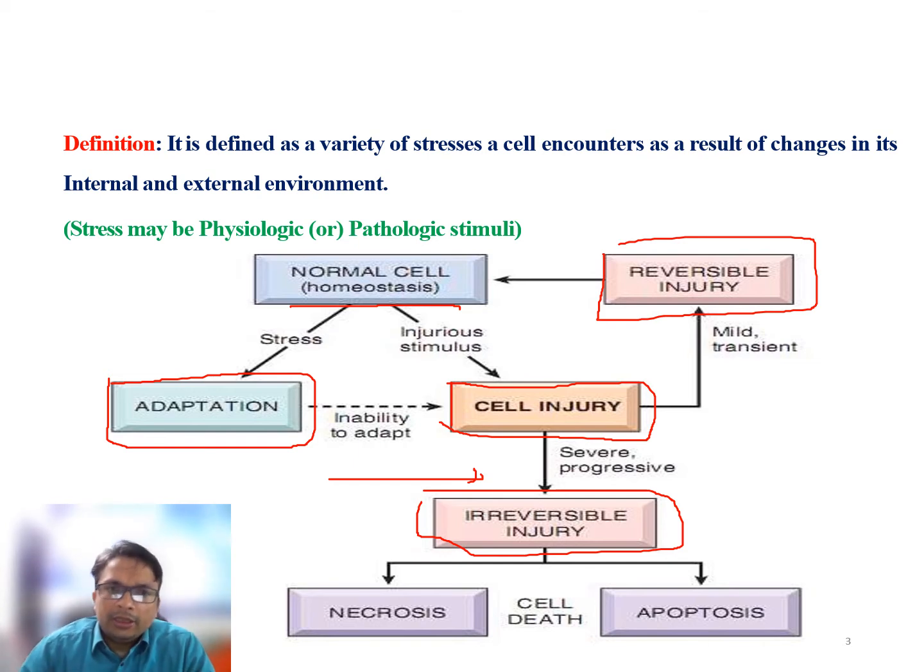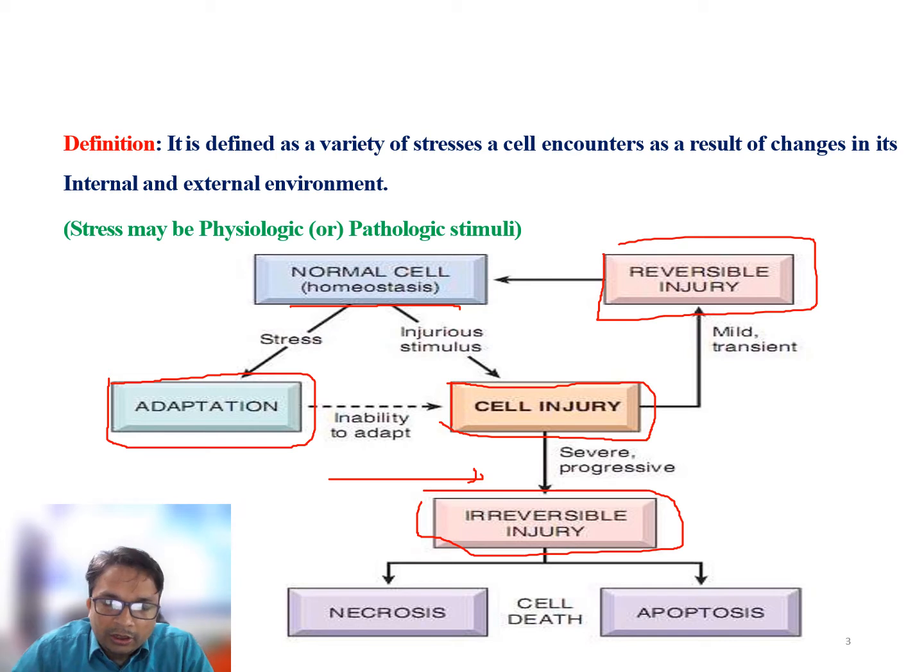Whereas if a slow and progressive cell injury persists for a longer period of time, that results in development of irreversible cell injury. In this irreversible cell injury, once the cell injury occurs, the cell is not able to recover from the injury, and that ultimately results in cell death.